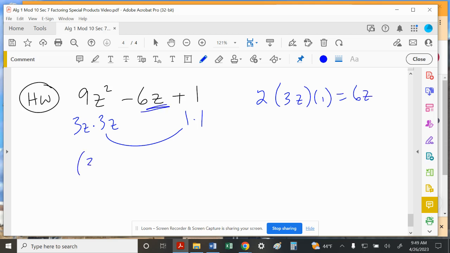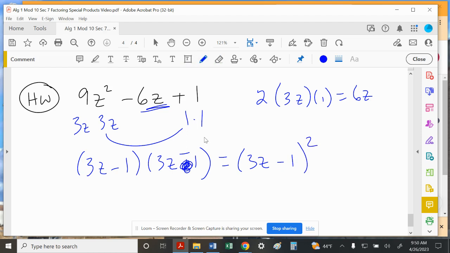So that means it factors down to (3z minus 1) times (3z plus 1). Which is the same thing as 3z plus, whoops, can't believe I did that. I made the mistake that I tell you guys not to make. Both of them are minus. So it's (3z minus 1) quantity squared. And there we go, that's it. We're done with this section.